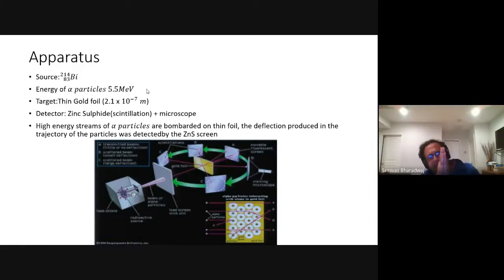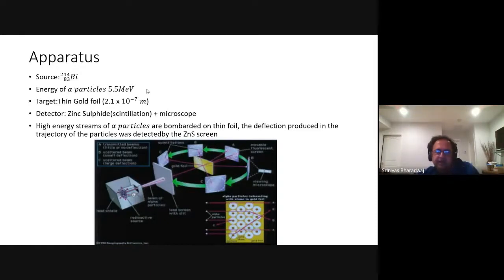Okay, if it was a lot thicker, let's say you put a gold bar there, nothing will show up. Everything will get absorbed by the gold bar. Okay, so he had it cut very thin, very precise, 2.1 into 10 to the power minus 7 meters, and then he bombarded that gold foil with these alpha particles.